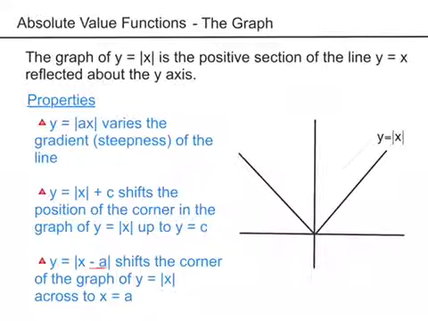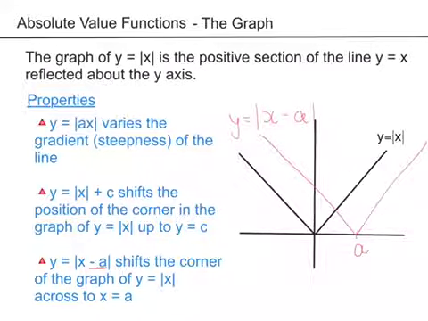So, by adding a negative a inside the brackets, this shifts the entire function across to positive a on the x-axis. The gradient remains the same as the coefficient of x hasn't changed. However, the y-intercept does change because we have shifted the graph across, and you can find it by setting x equal to 0 and solving the equation.